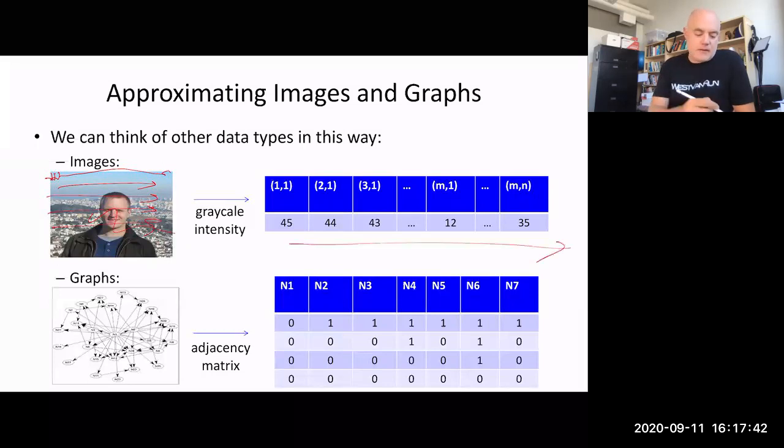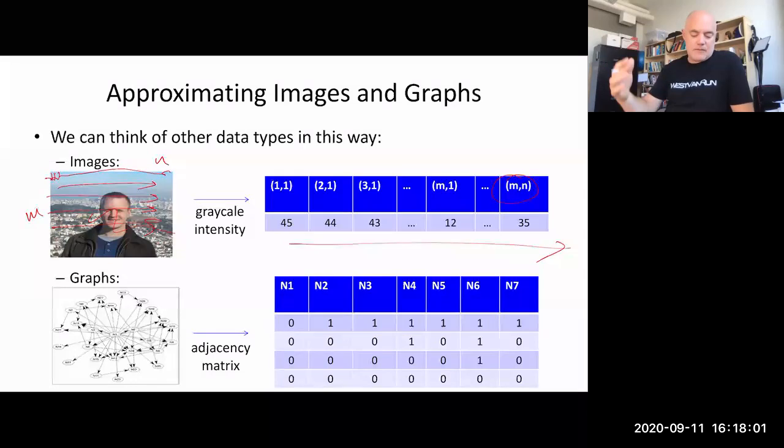If this is m rows by n columns, you get an m by n long feature vector of the grayscale values for every pixel. Now we have a big feature vector and we can compare images, maybe not in the most awesome way, but you can compute distances between images in this vector space. Same thing with graphs, for instance.